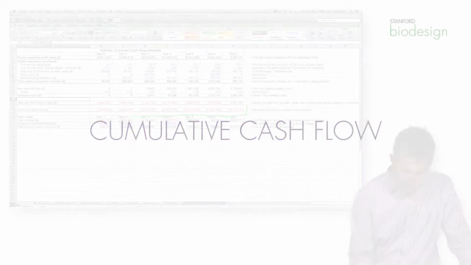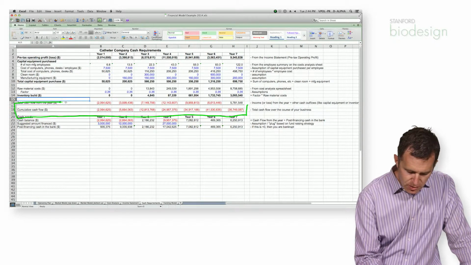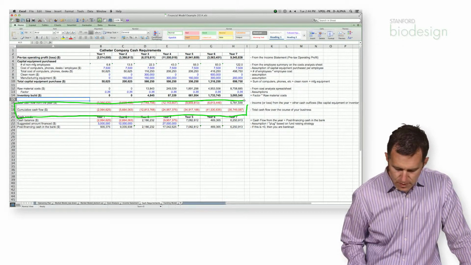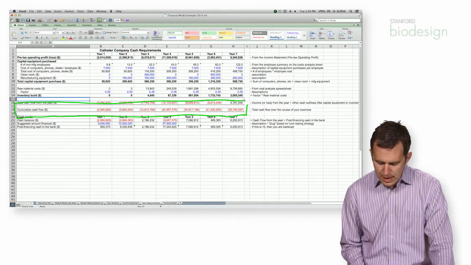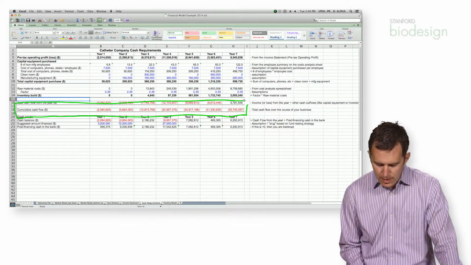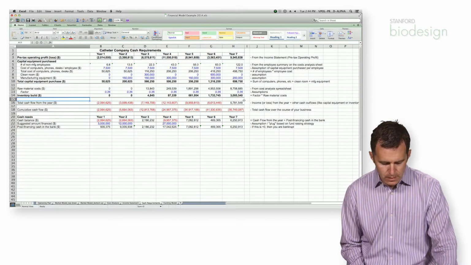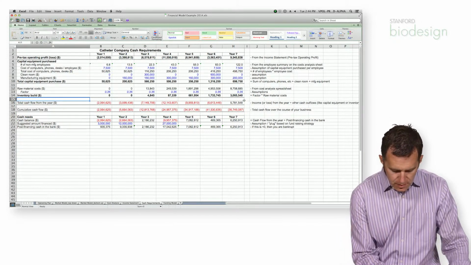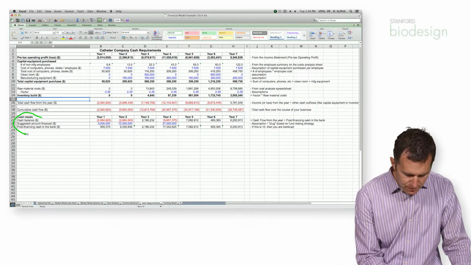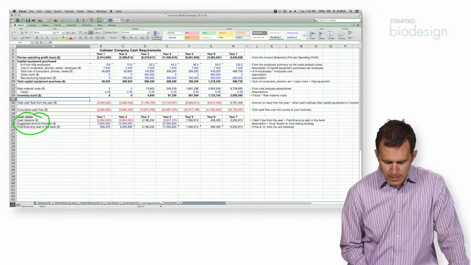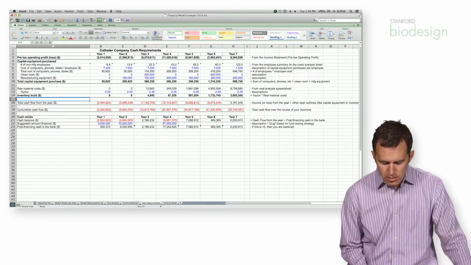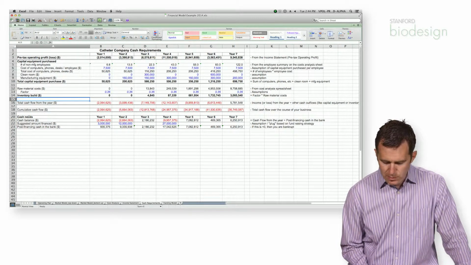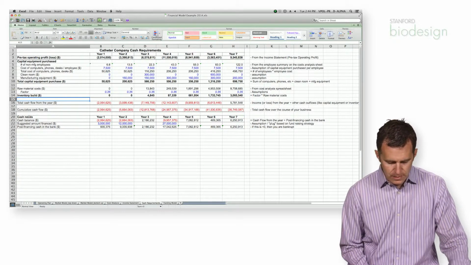Once you add up the cash that you will be required each year, you can create something called a cumulative cash flow. You use that cumulative cash flow to determine how much money you actually need to raise each year. This calculation here essentially calculates the amount of cash that you have in your bank account, and then therefore how much money you actually need to raise to determine how much money is required to build this company.